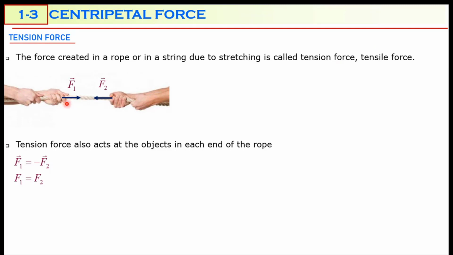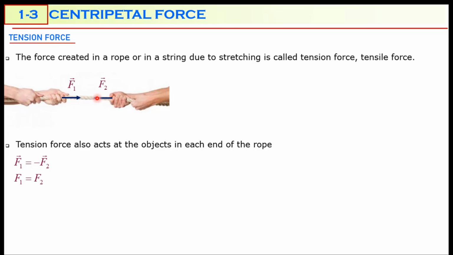But the important thing you should know is that this tension force acts on the hand on the left and also the hand on the right. So this tension force also acts on these two hands in pairs. The force on the left hand is to the right, meaning this rope is pulling the hand on the left to the right, but the hand on the right is pulled to the left.